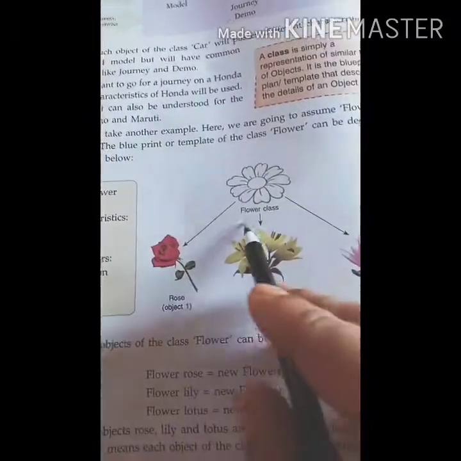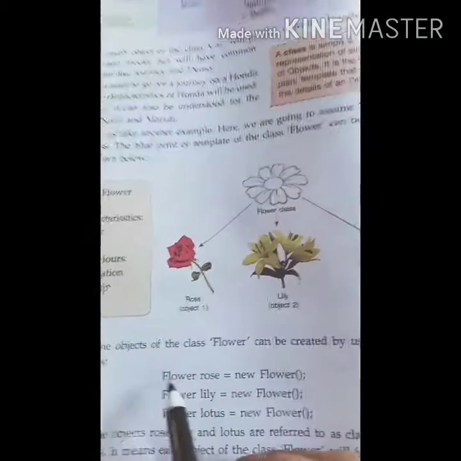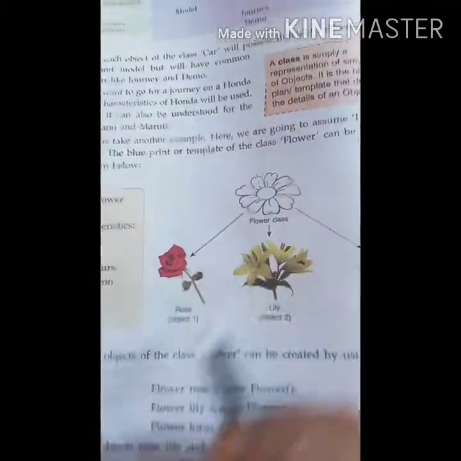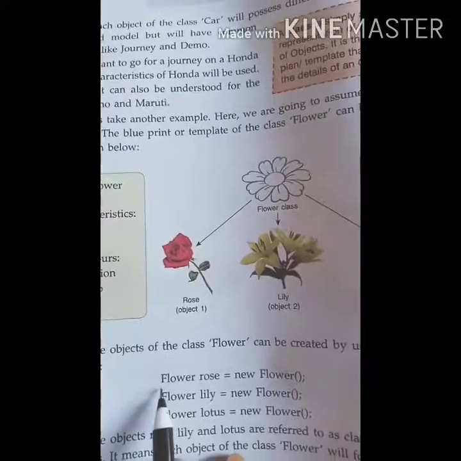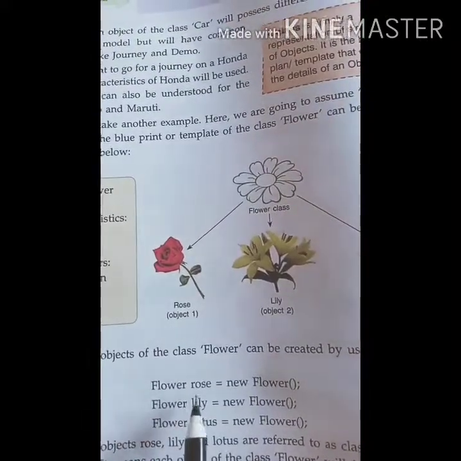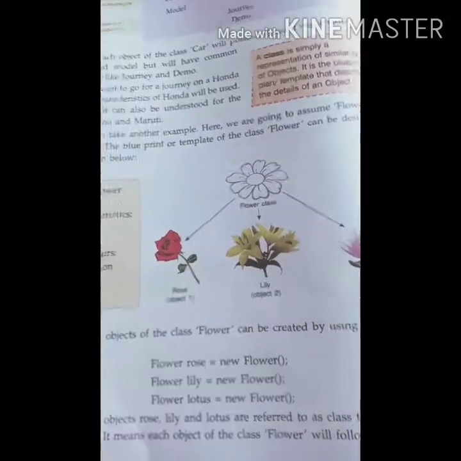So first, class name. What is our class name? Flower. Give Flower. The first letter of the class, you see, is written in capital letter, okay. This is the rule. Flower. Rose is an object equal to new Flower, okay.